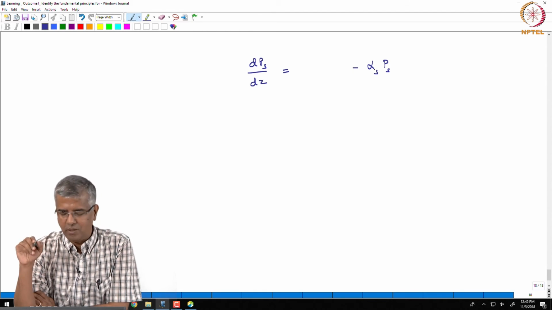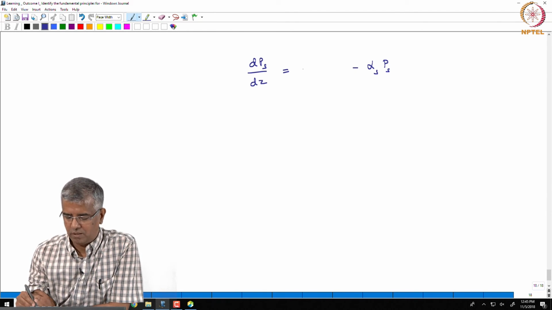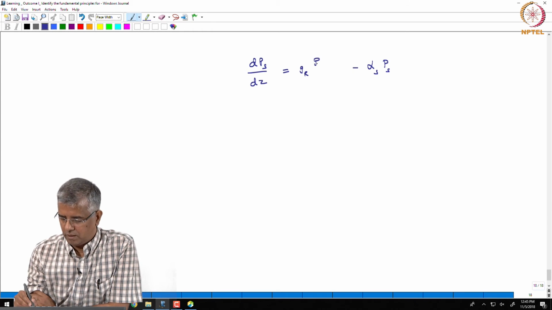That's just the background attenuation that's going on. But the number of signal photons, or the Stokes scattered photons, is going to be enhanced at the rate of g_R, and it depends on the pump intensity.